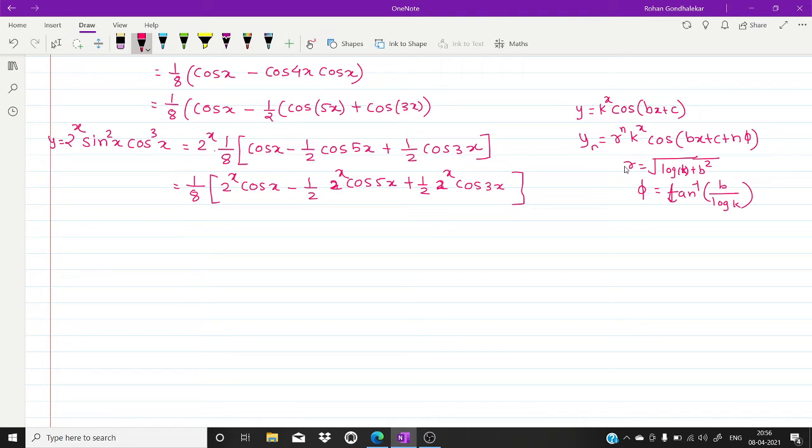Got it? Now just look at each term. In cos bx plus c, the b is different in each case. So for each case, I'll calculate the value of r and phi separately. Hence I call the first term's r value r1, the second term's r value r2, and the third r3.